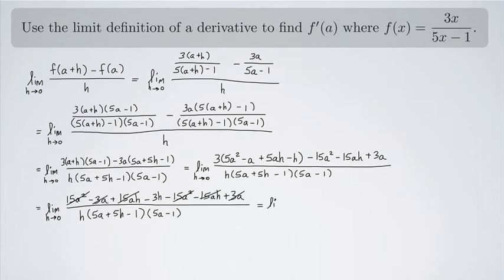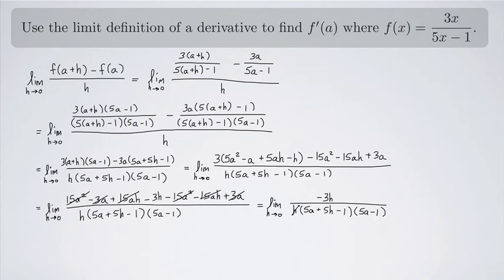So what's left over? I'm going to have the limit as h approaches 0 of. On the top, I just have negative 3h. That's nice. And on the bottom, I have the same thing that I had, and you can see now that that pesky h that we had in the bottom is going to cancel, which is exactly what we wanted to happen.